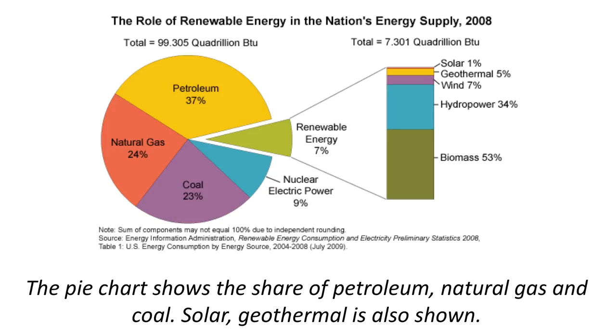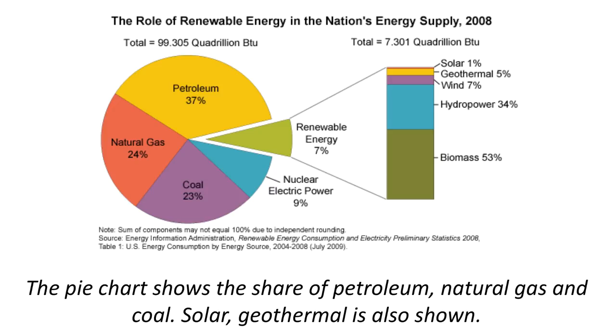I did not try to make it sound very intelligent. I did not say that the pie chart shows the share of different energy sources in the country's overall energy supply, and out of that it focuses on the different sources which constitute the renewable energy. Something like that we would consider very specific.